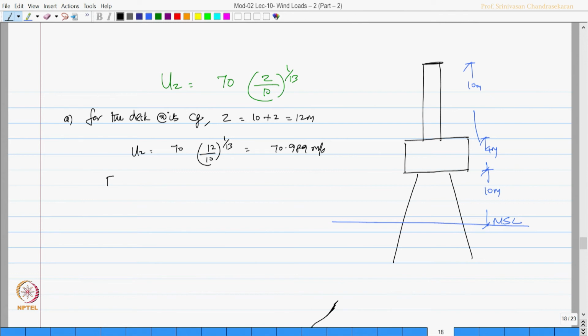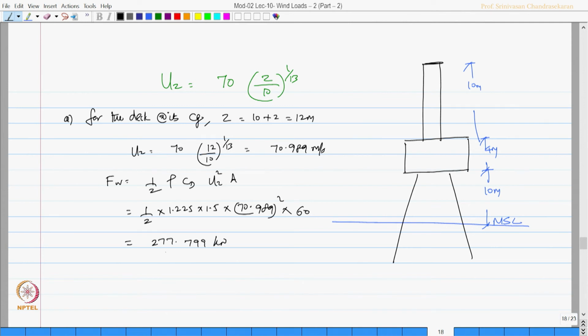So wind force is half rho C D u z square projected area, which is half into 1.225 into 1.5 into 70.989 square, and the projected area remains same as we worked in the last case, which gives 277.799 kilonewton.